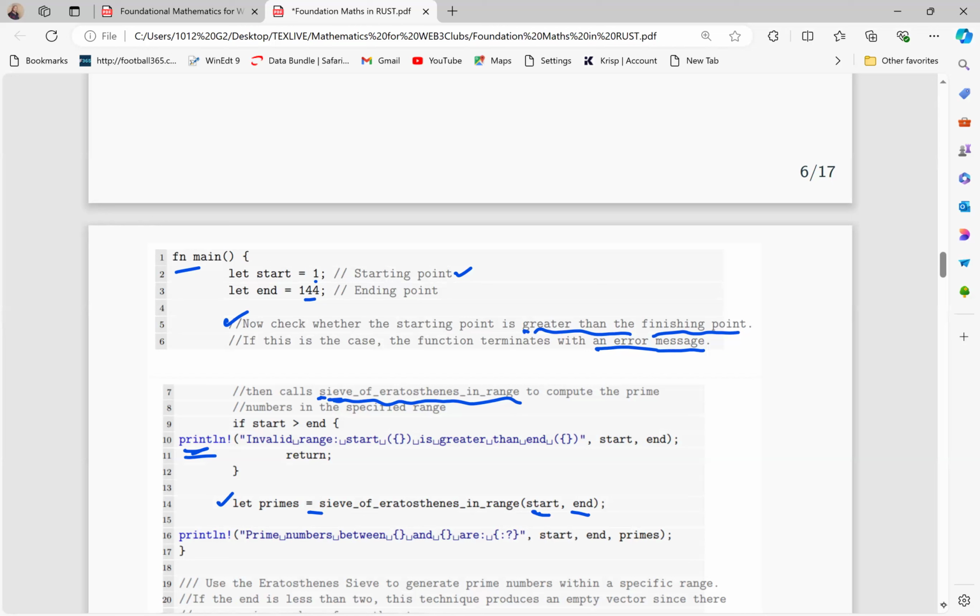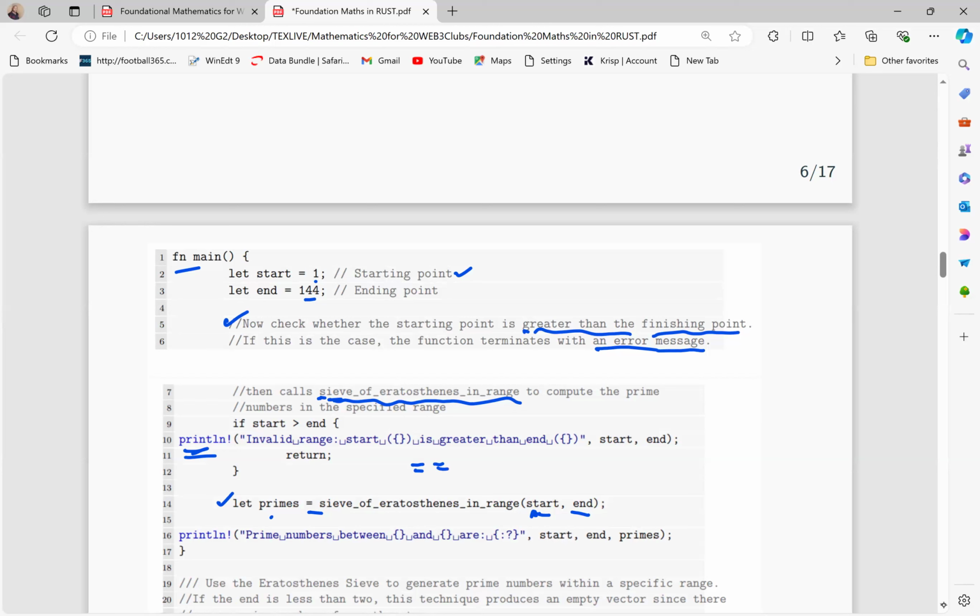I know that you know what this means in Rust, and you also know what the double equals would mean. Of course, I'll explain. This one is just assigning what is on the right to what is on the left. So let the prime numbers be such that this algorithm gives prime numbers from the start point to the end point.